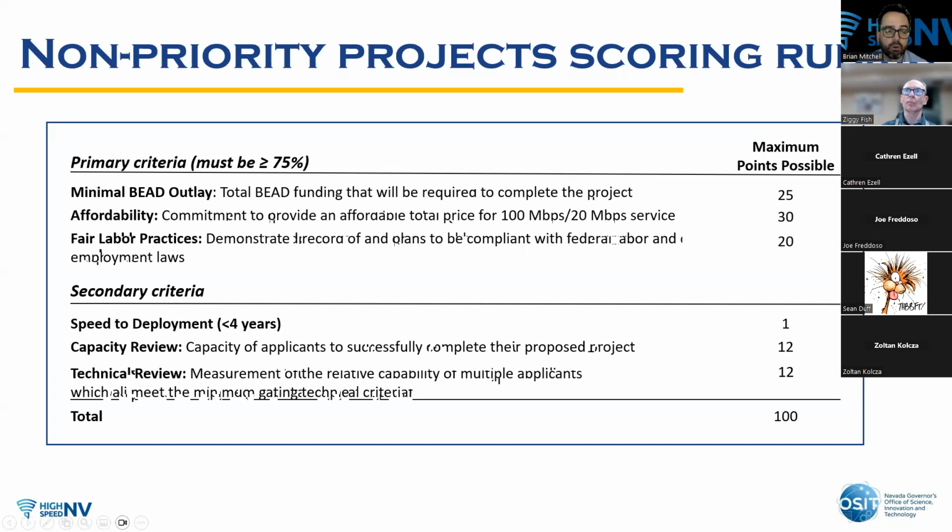So where you will really differentiate yourself in the scoring is in the capacity review, the technical review, and then the lower bandwidth and lower income affordability. I would encourage you to spend a lot of time articulating your capacity and your technical sections, exactly what you're going to do and how you're going to be able to achieve it, because those are the two sections that will really be scrutinized to ensure that the project will end up being successful.